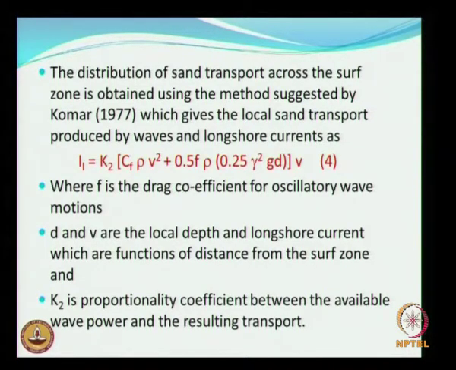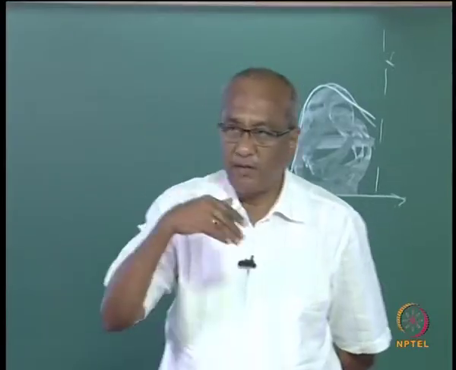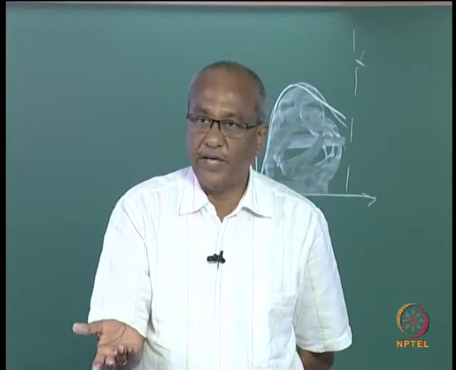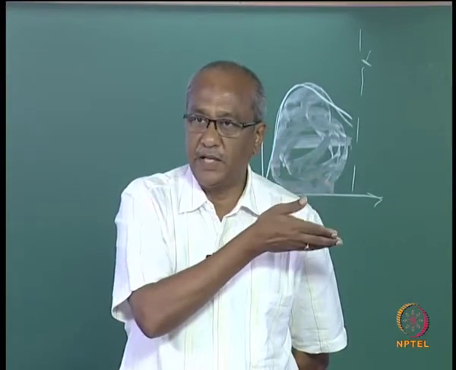Here the different variables are mentioned. f is the drag coefficient, d and v are the local depth and the longshore current velocity, which are functions of the distance from the surf zone. The distribution of v as a function of x we have already seen earlier.